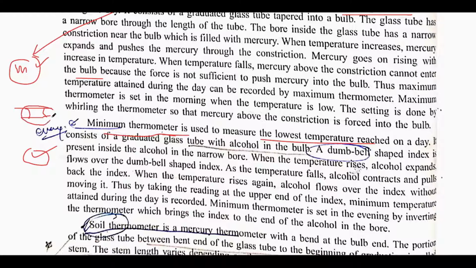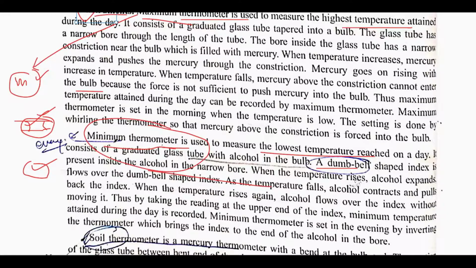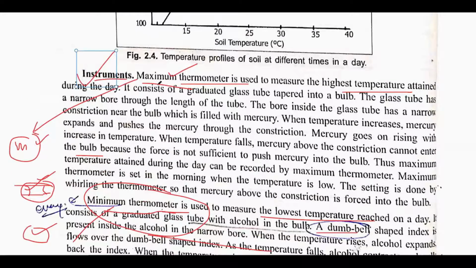There is a dumbbell-like construction present in the narrow bore, that is a tube. This is important. Another important thing is that the minimum thermometer is set during the evening hours, while the maximum thermometer is set during the morning hours.